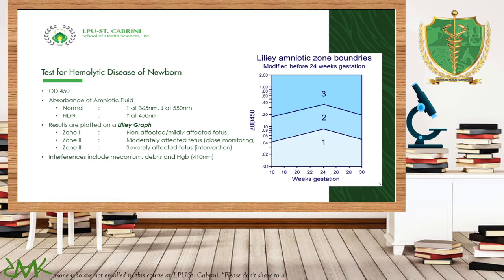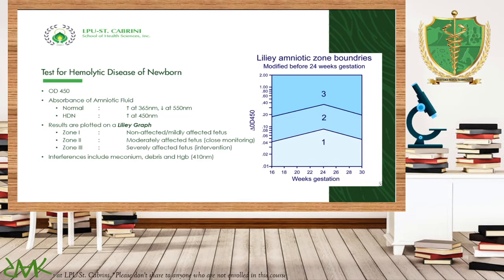Now, the absorbance of amniotic fluid from a normal patient is increased at 365 or decreased at 550 nanometers. Okay? Increase at 450 nanometers is an indication of hemolytic disease of the newborn.